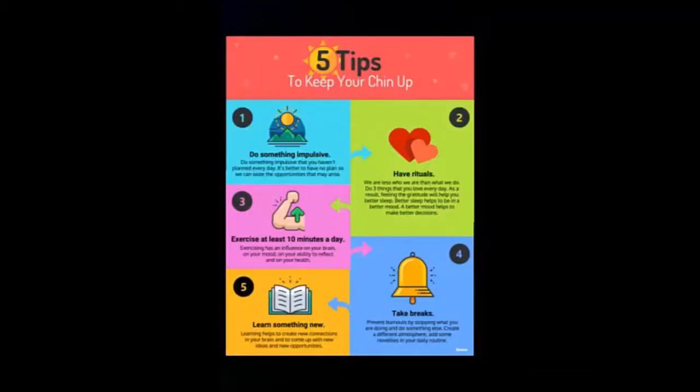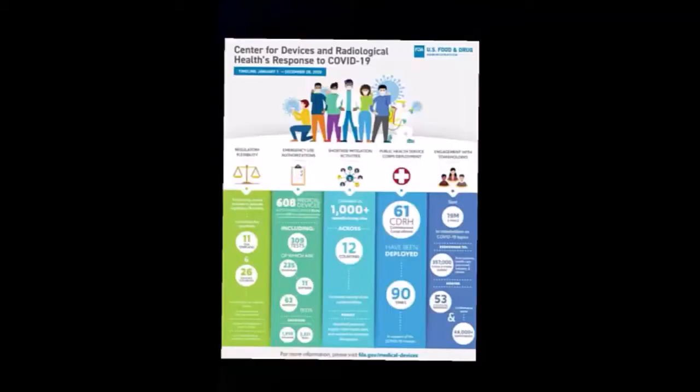So, first of all, what is an infographic? Well, an infographic or information graphic is the visual representation of information and data. However, an infographic is something much more specific. An infographic is a collection of images, graphics, and simple text that summarize a topic so that it can be easily understood.